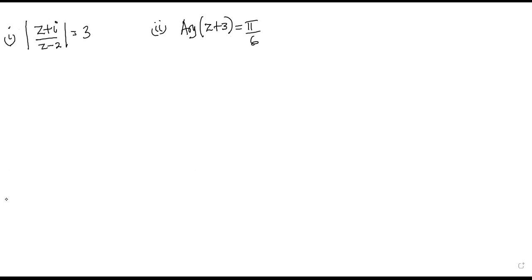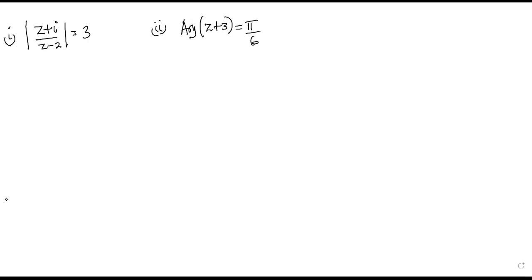Now, when you're having such a number, you can use fewer steps to get the final answer. How do we go about it?